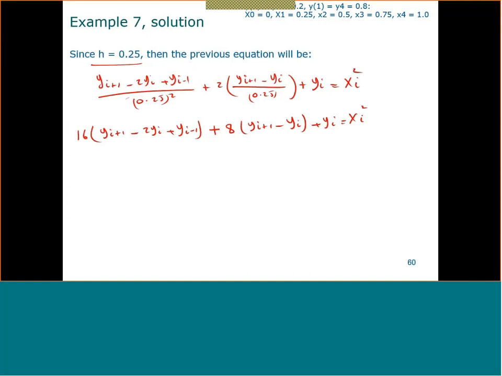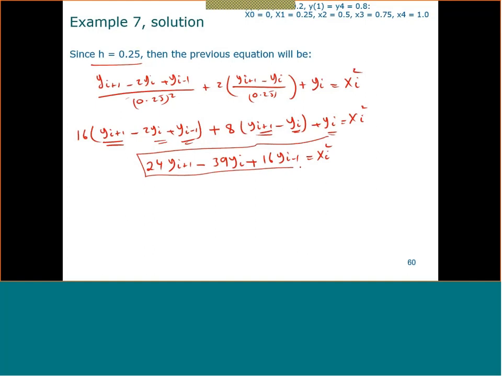Now we will collect terms y_{i+1}, y_i and y_{i-1}. So we will have this nice equation: 24 y_{i+1} minus 39 y_i plus 16 y_{i-1} equal to x_i squared. So this now becomes our equation.